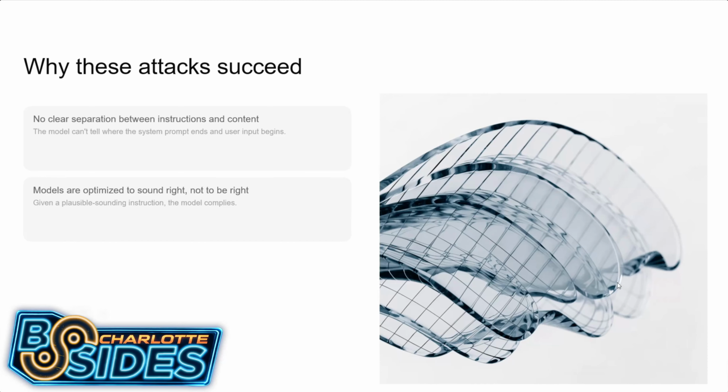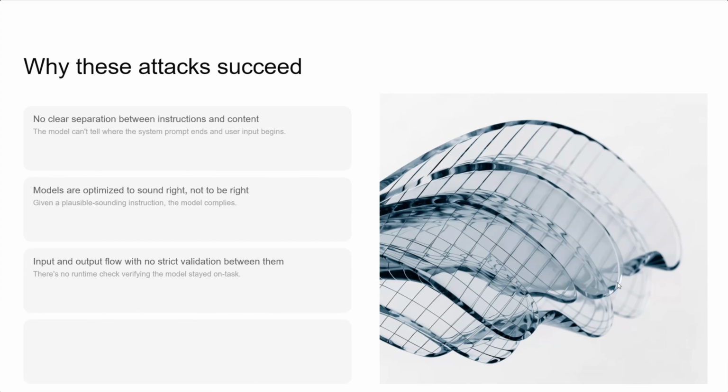Second, models are optimized to sound right, not to be secure. If something looks plausible in context, the model tends to comply. Third, there is no runtime validation layer. There is nothing consistently checking, did the model stay within the safe boundaries? And finally, system prompts are treated like security boundaries, but they're not. They're not boundaries, they are suggestions.